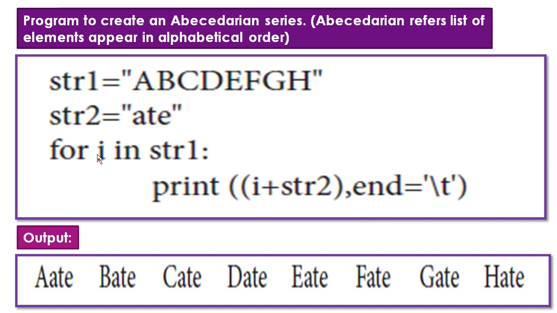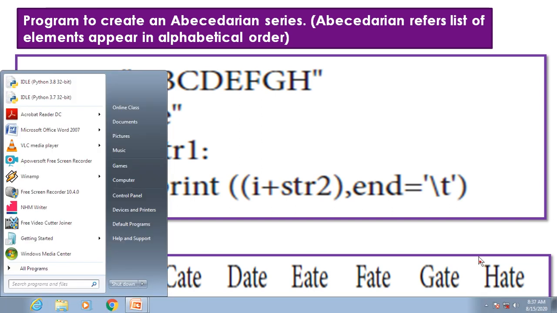So it joined the two strings: A plus ATE. In the second step, i turns into B. So B plus ATE gives the result BATE, and so on up to the final value H. We get the result H plus ATE, HATE. Let us check this program by using the IDLE window.